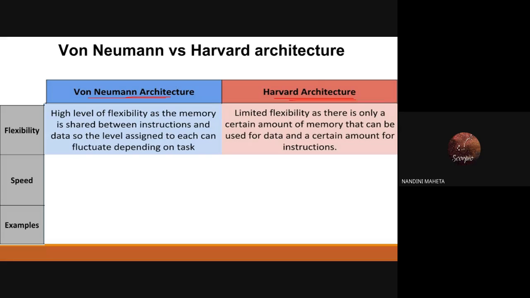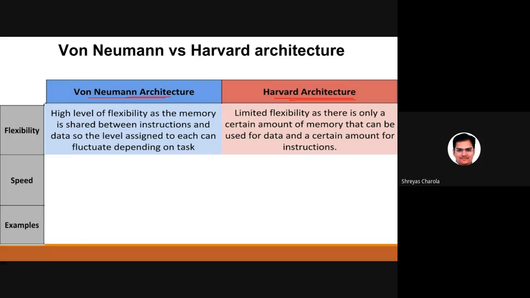Your answer is correct, but the reasoning is logically wrong. As I told you, consider the example of the building: which is faster? The Harvard is faster because we have two separate memories. So when reading data from one memory, the program counter doesn't have to jump to the data memory and then go back to the program memory.